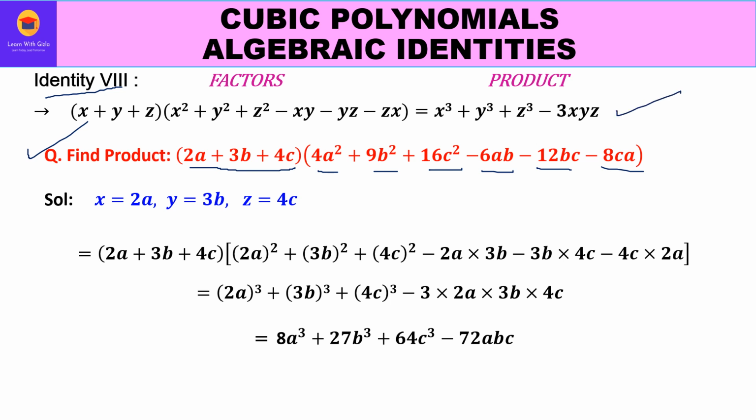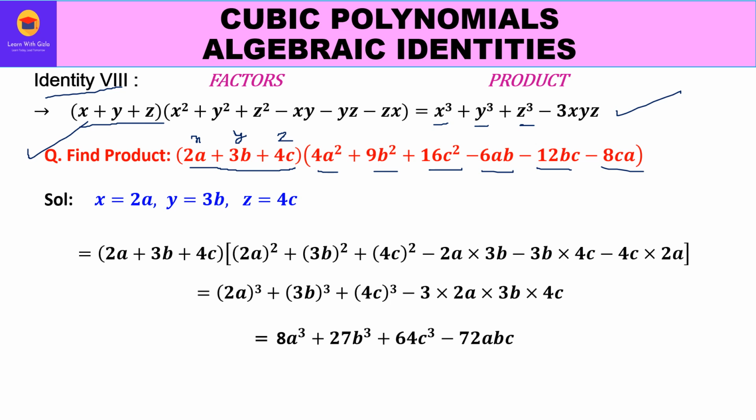Now over here we have to identify what is your x, y and z. Once you get your x, y, z, the product becomes very easy to find. Now x, y, z automatically you will get from one of the factors, because x + y + z was already there in one of the factors. From here itself you will get the value of x, y and z.